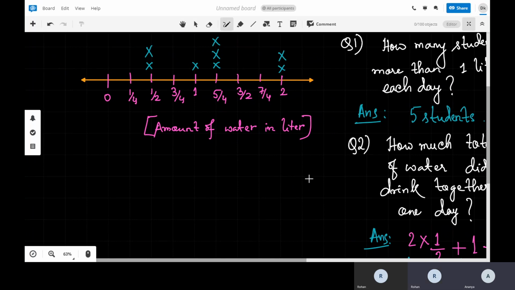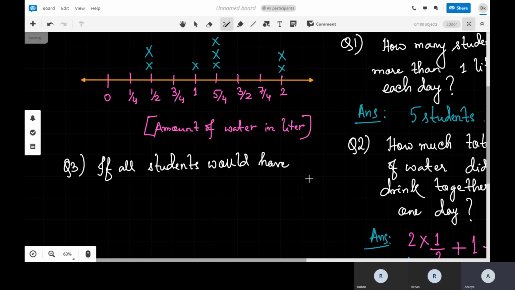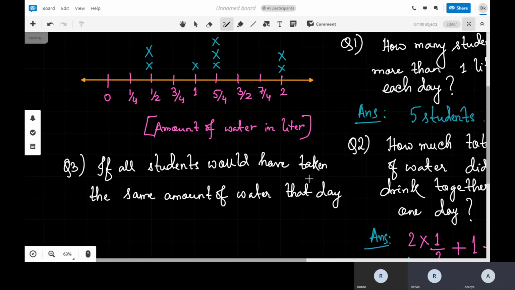The third question on the line plot is: let's say that if all students would have taken the same amount of water that day, how much would each one have taken?